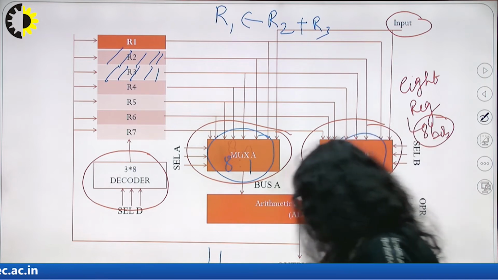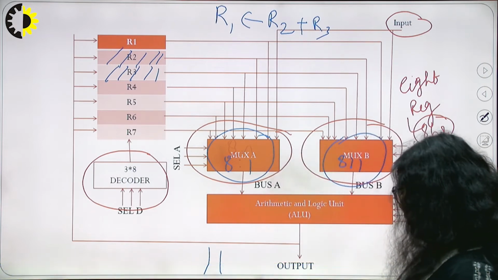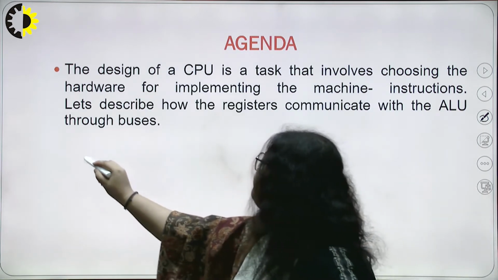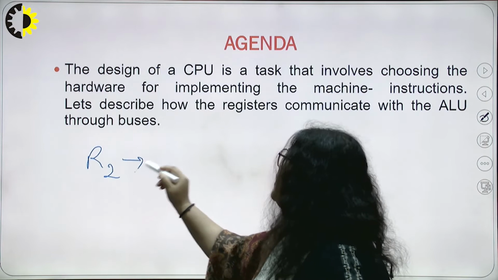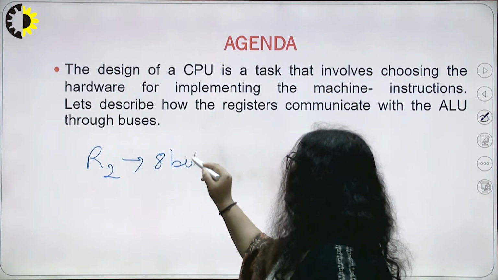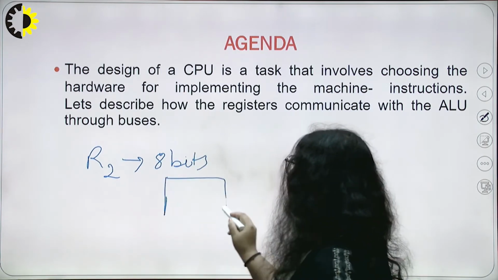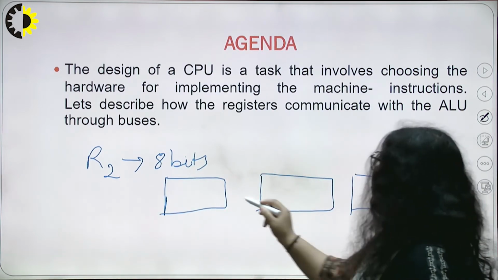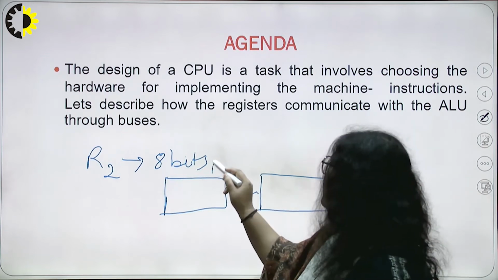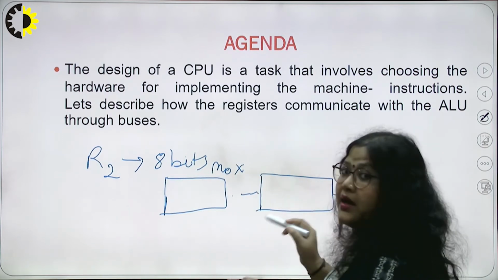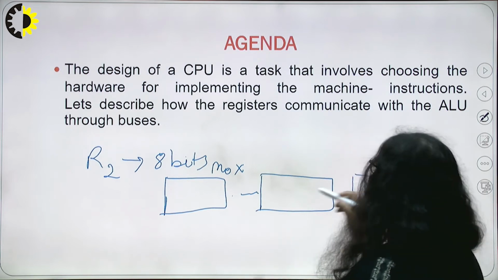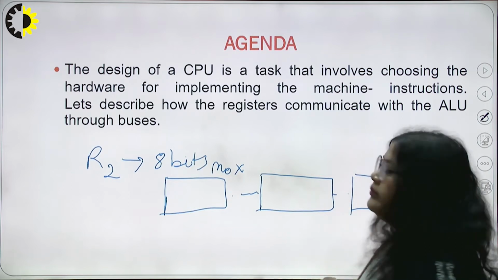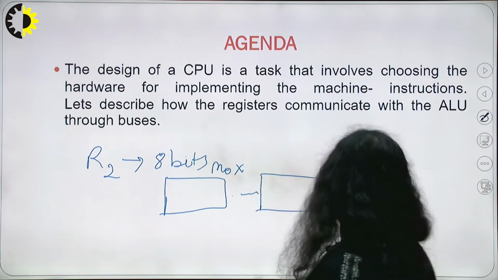So what the construction will do, I explain like this. If the register R2 has 8 bits, there are 8 muxes. Suppose this is mux 0, for the register R2 on bus A, and this is mux 7. This is M0 and this is M7.